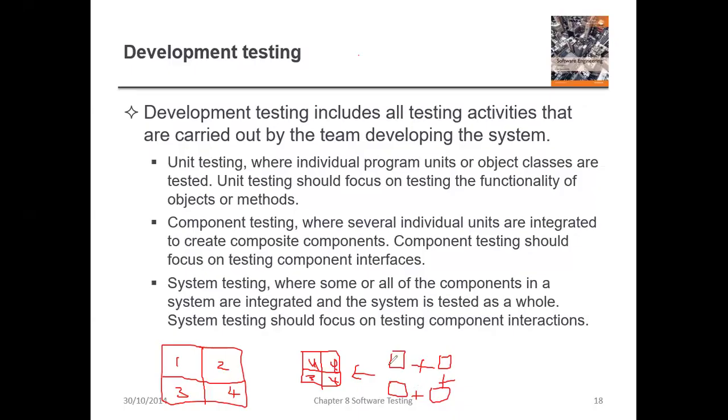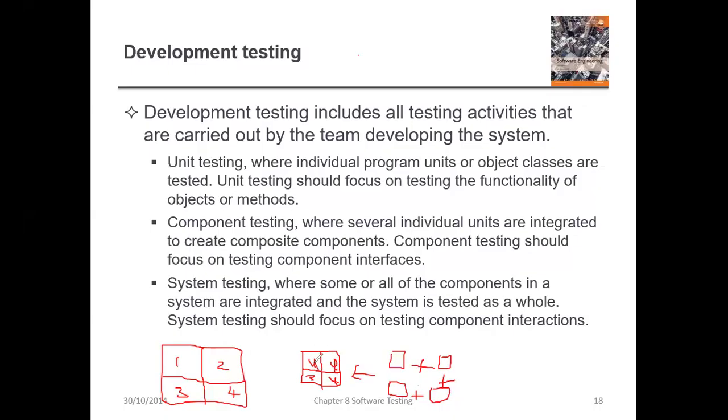Once you are done with that, you integrate to get a component. Now you assume that the units are working fine, so you shift your attention to testing the interfaces between the various units within the component. You test the interfaces among them.